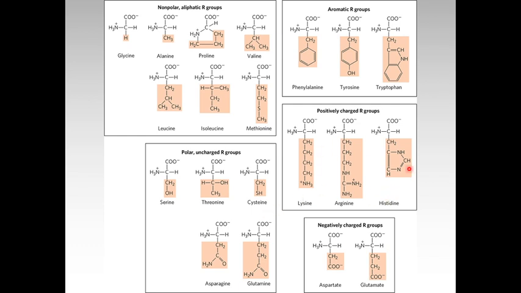The positively charged ones and the negatively charged ones should be straightforward. You should be able to remember these two and the aromatic ones. Some of the polar uncharged and the non-polar aliphatic groups are a little difficult to remember, but once you practice, you should be able to remember them as you go along, right?